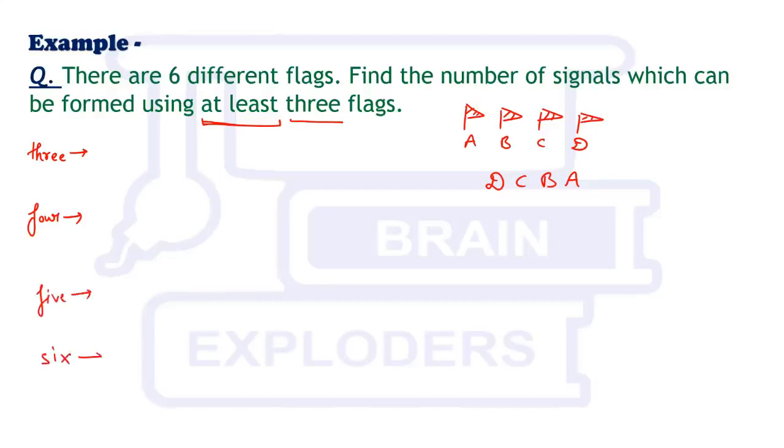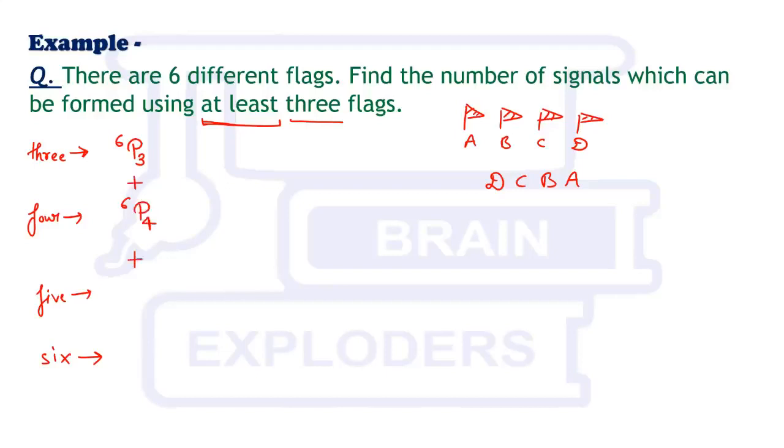Depending upon the situation, sometimes we subtract these cases from the total, but here we can do it this way. Using 3 flags, we have to select 3 flags in a specific order from the 6 flags, so we can write 6P3. Similarly, for 4 flags, we can write 6P4, since we have to select 4 flags from the 6 flags in a specific order.